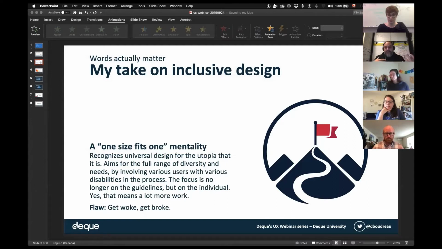So recognizing the utopia of universal design for what it is, trying to be provocative there, and then aiming to account for a very wide and diverse range of needs and expectations from users, which you can only address if you are involving those users in your process.